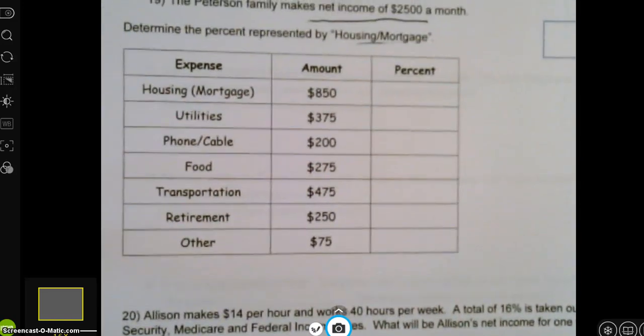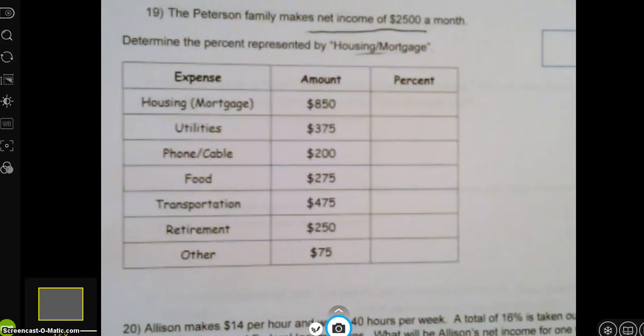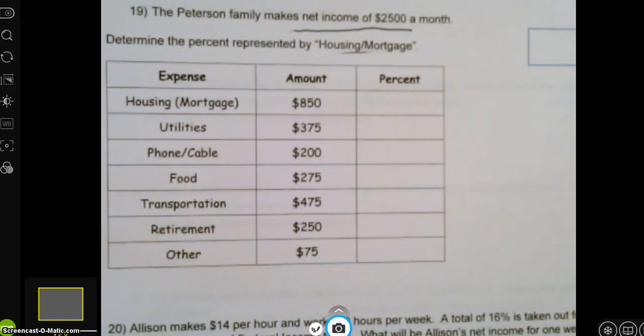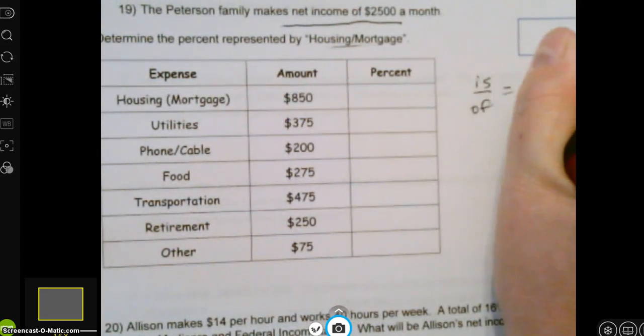The question says, determine the percent represented by housing/mortgage. So, again, we do not have a percent, so we cannot change the percent to a decimal and multiply. So I'm moving this because you probably couldn't see it. So this is an is over of, right? Is over of equals percent over 100.